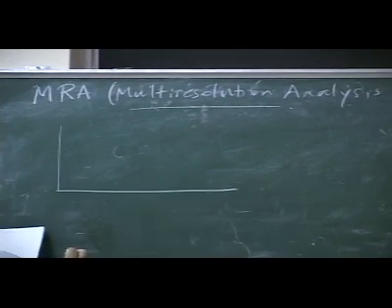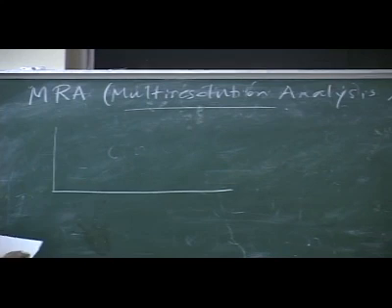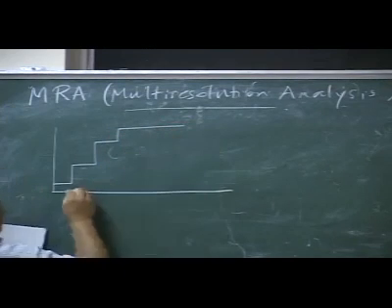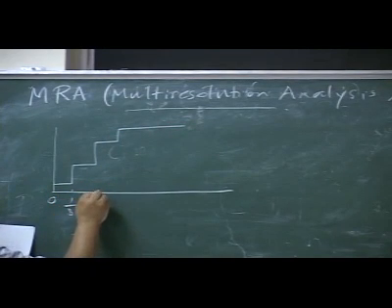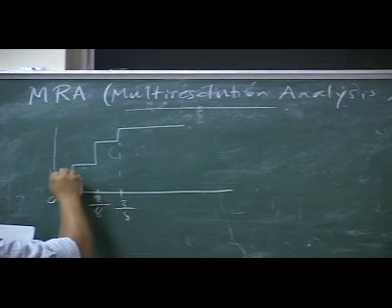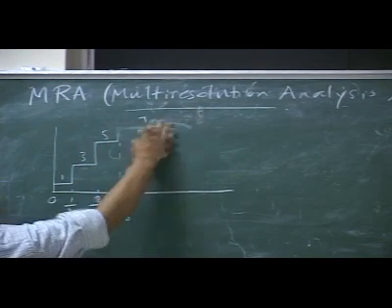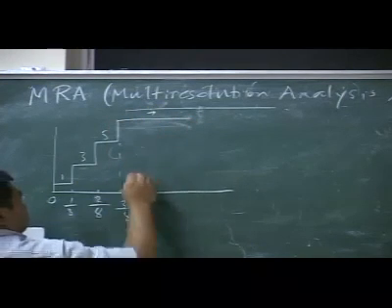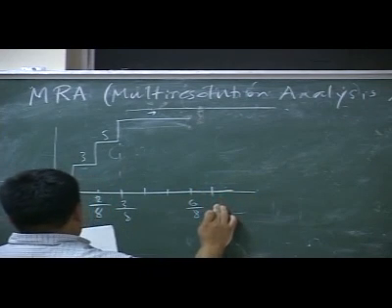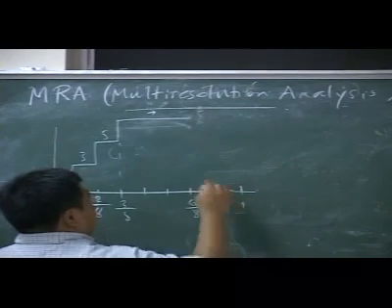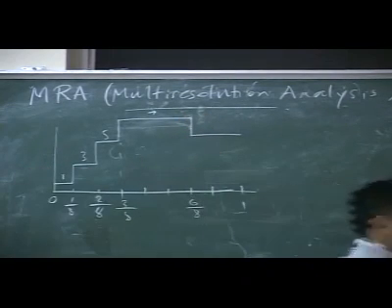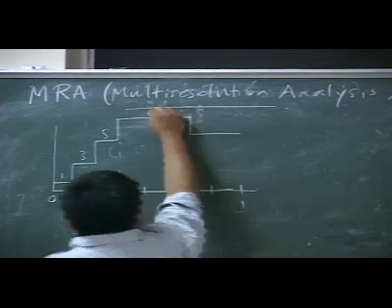Suppose I have this signal. It's a piecewise constant signal, with values 1, 3, 5, 7, 8, 2, 8, 3, 7, 6, 8, 7, 1, going down to 5.